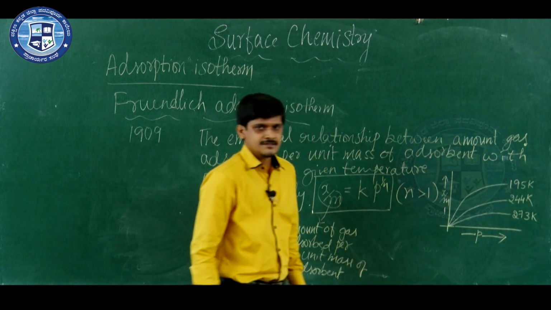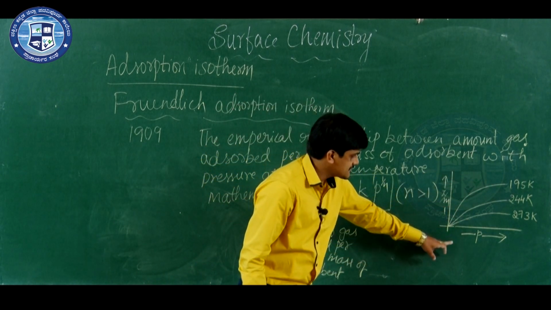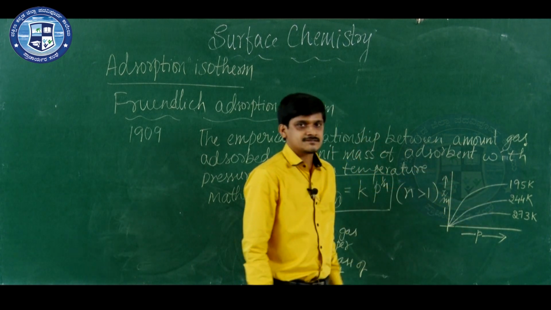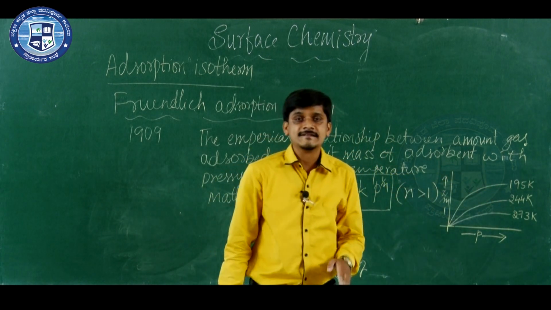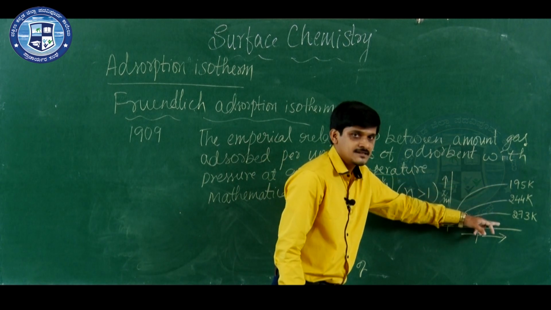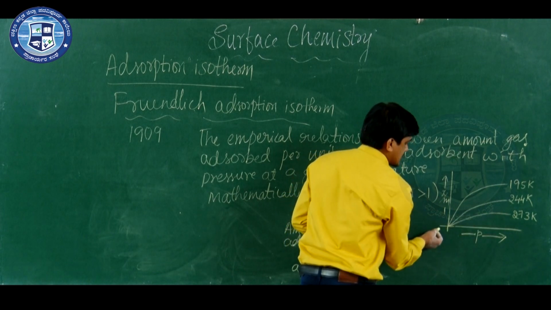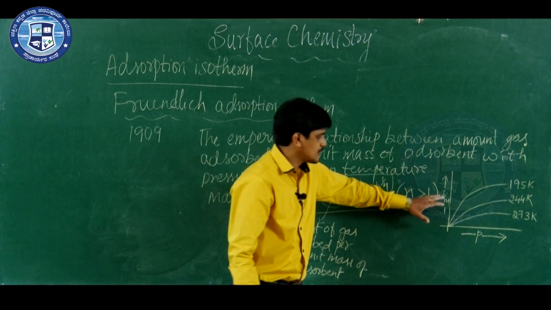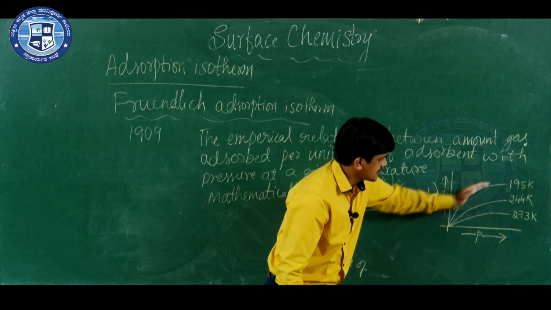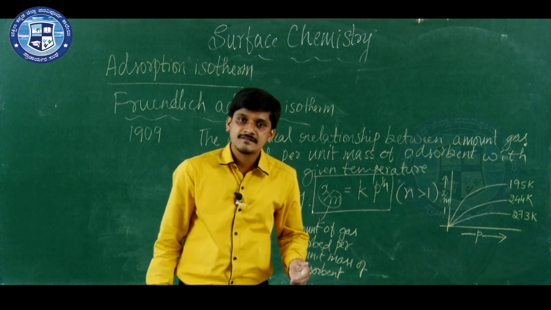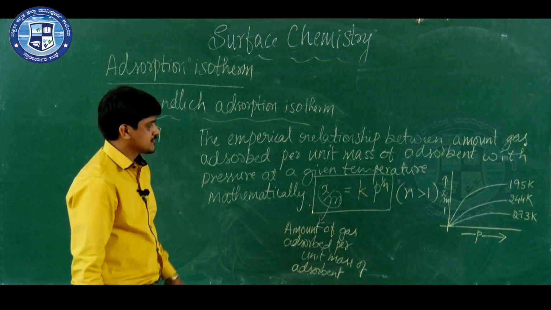According to this graph, as temperature increases, adsorption decreases. As pressure increases, adsorption increases. So, the amount of gas adsorbed increases with increase in pressure, whereas adsorption decreases with increase in temperature. That is the graph of Freundlich adsorption isotherm.